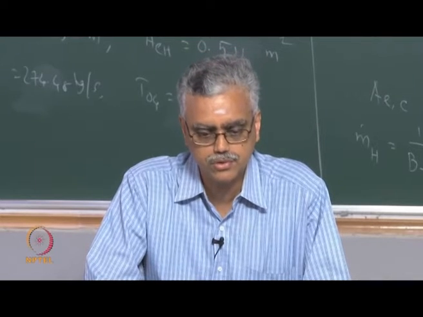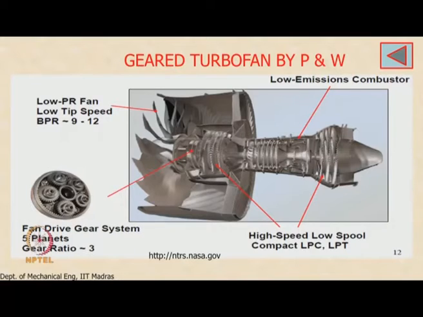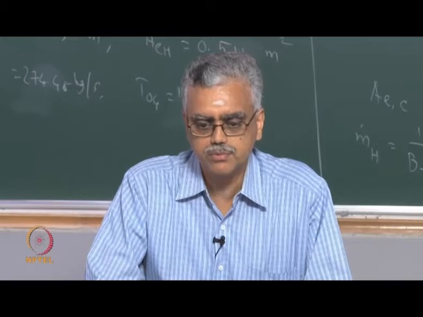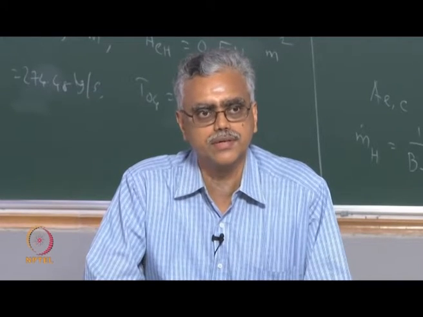So they are utilizing a 5-planet gearbox with a gear ratio of 3, which allows the speed to be stepped down by a factor of 3. So this has bypass ratios, as I said, in the high bypass ratio range, 9 to 12. Low pressure ratio fan, low tip speed, because we have stepped down the RPM by a factor of 3. The tip speed also goes down by a factor of 3.